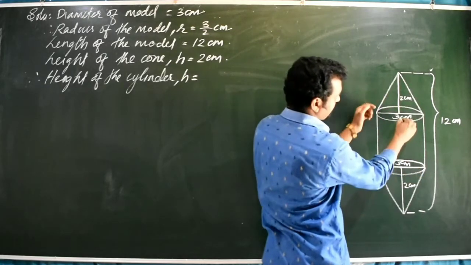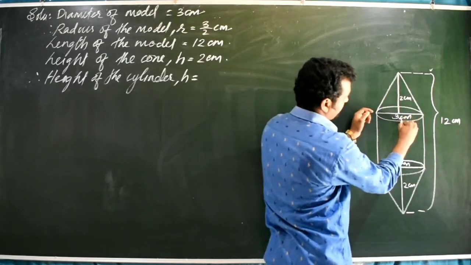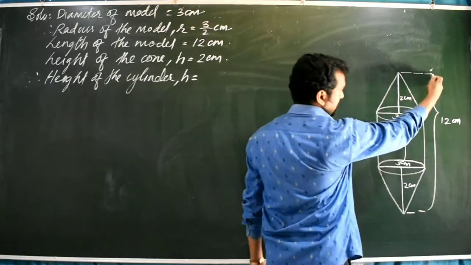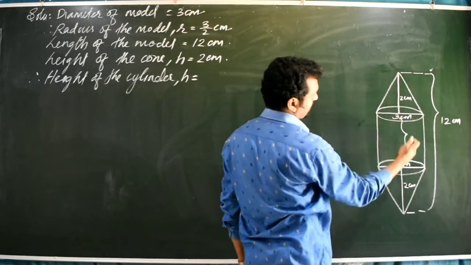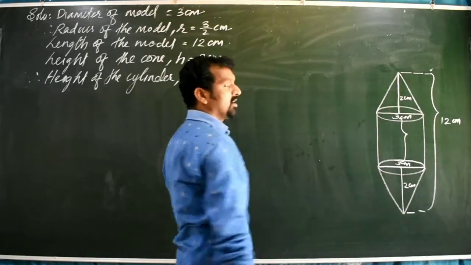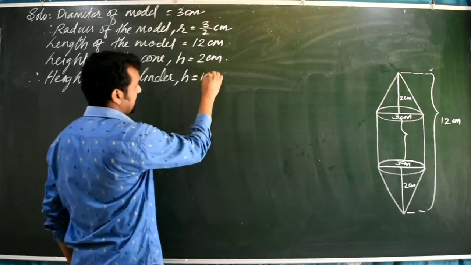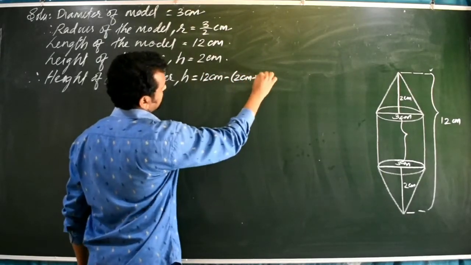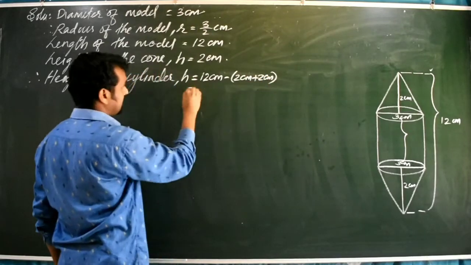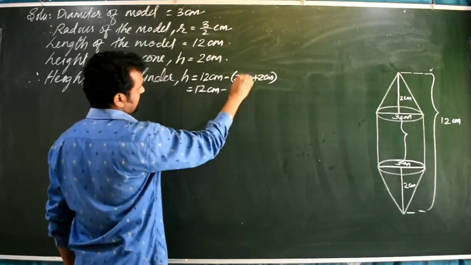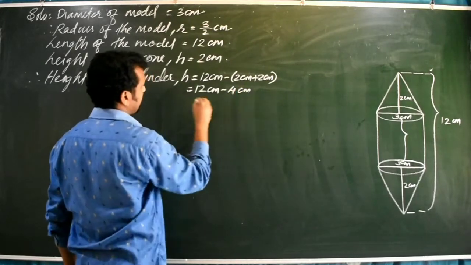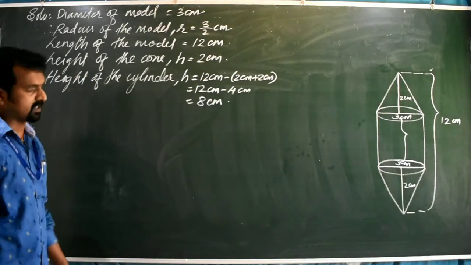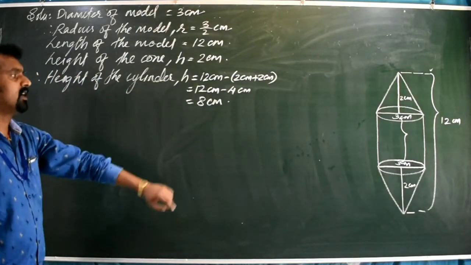So the height of the cylinder is 12 centimeter minus 2 centimeter minus 2 centimeter, that is 8 centimeter. Height of the cylinder H is equal to 8 centimeter.